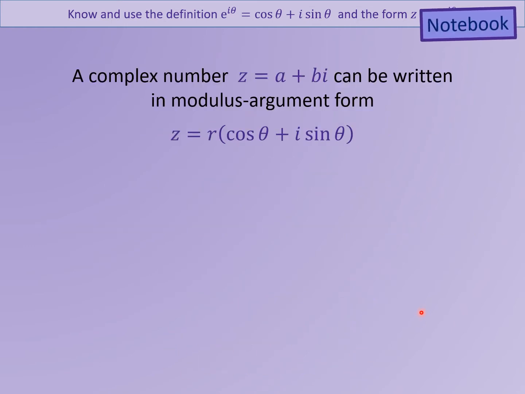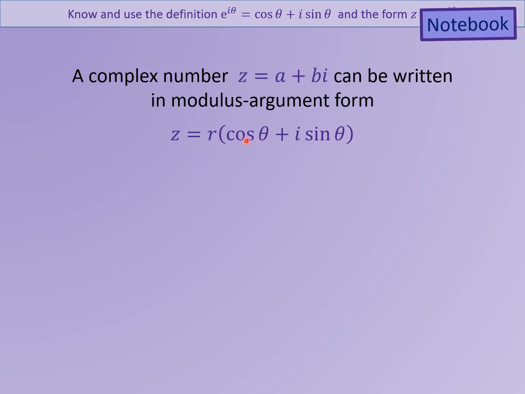Right, grab your notebooks then please. A complex number, we knew from year 1, can be written as z equals a real part plus some amount of an imaginary part. And we can plot that, no problem. We also looked at changing it to modulus argument form, in other words, how far do I turn and how far do I need to go to get to that complex number? But what we can do now is write a third, different form, an exponential form.